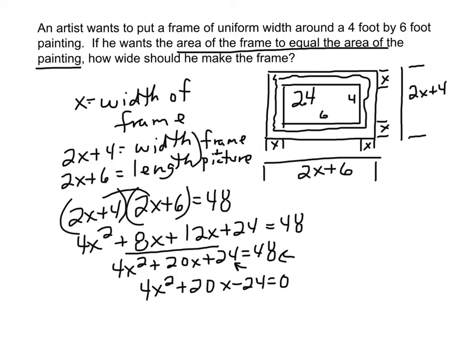Now, if I go through and solve this, once again, it might be easier to go through and solve this. Notice that each one of these is a multiple of 4. So if I wanted to, I could divide everything by 4, and I end up with x squared plus 5x minus 6 is equal to 0. You certainly would not have to go through and do that particular step, but you could if you wanted to.